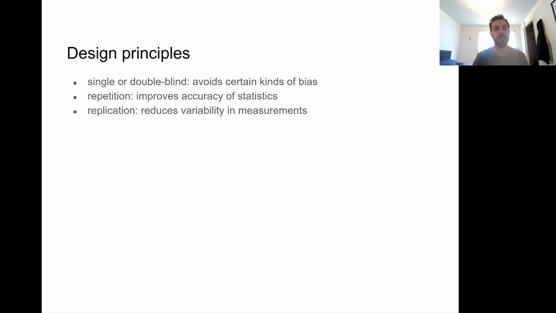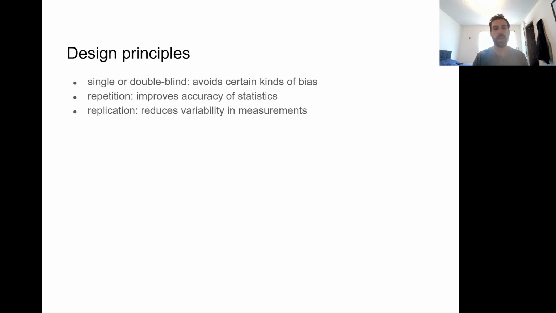So if we go back to the example of drug approval, they don't know who's receiving what form of care. Both the participant is unaware and the researcher is unaware. If only one of those two is unaware, we say single blind instead of double blind.